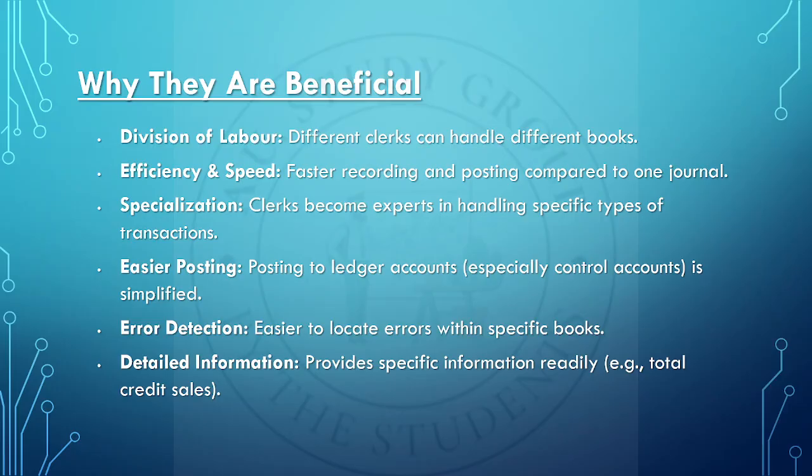If I want to know how much total sales happened this month, the sales book will be used. How much total purchases happened, the purchase book will be used. Similarly, posting is done very easily. We can also detect errors faster, and we can get detailed information on any specific entries.